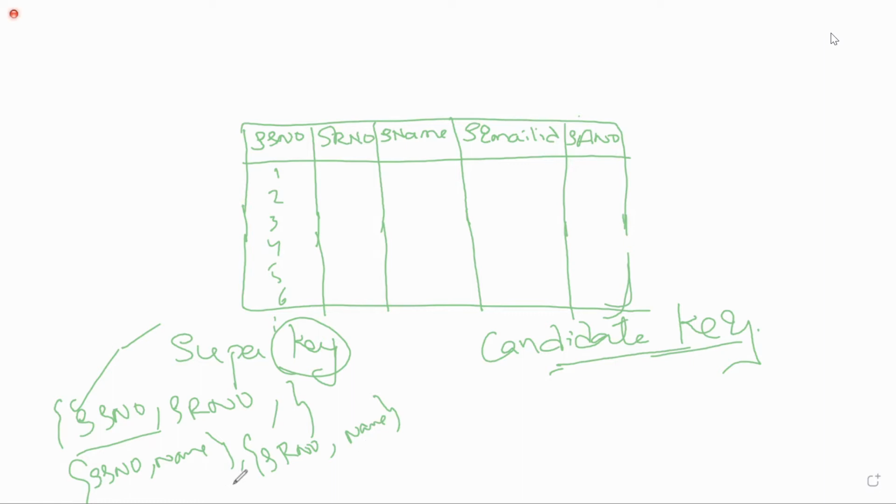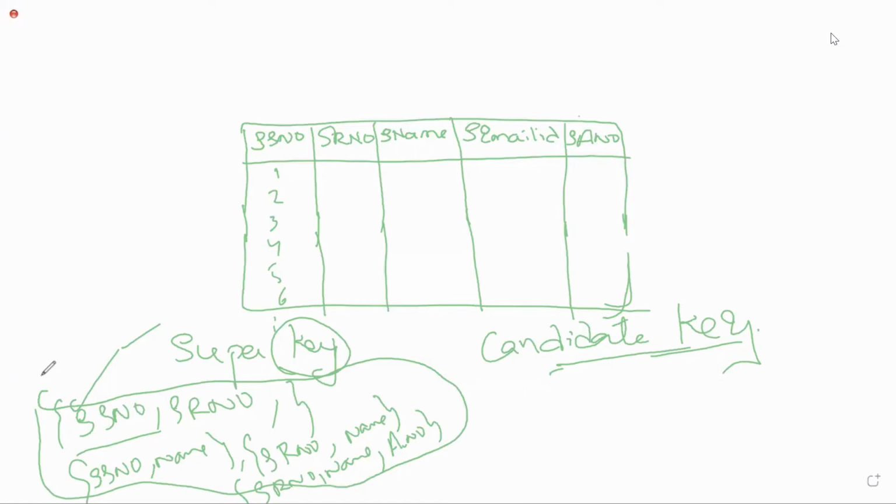And even I can say student roll number, name, Aadhaar number. With 3 attributes at a time also, I can get the unique records. So in this way, the super key is defined. With how many combinations can we identify whether a record is unique or not? So there were many keys here.